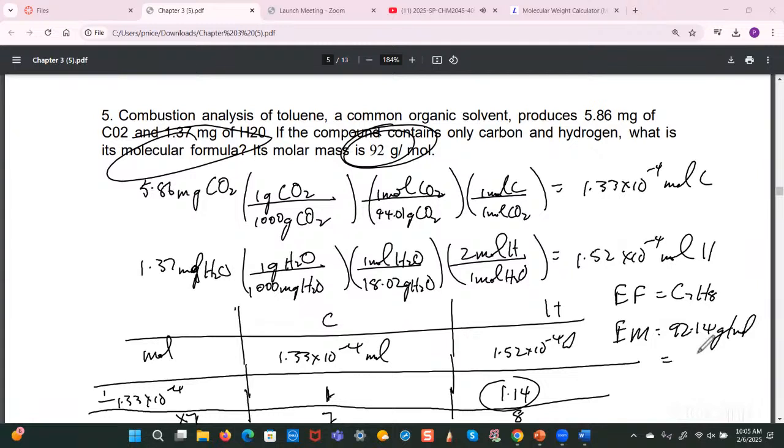So this is approximately equal to the molar mass. So what does that mean? That means that the molecular formula is the same, C7H8, right? That's it.